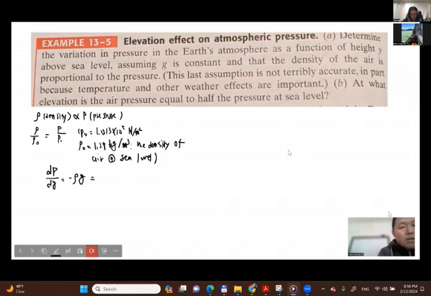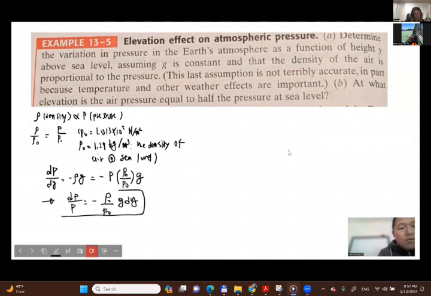Now if you replace the density of gas at the height above sea level, that should be P times rho naught over P naught, times g. If you separate the P and y on both sides of this equation, then that should be dP over P equals minus rho naught over P naught g dy.